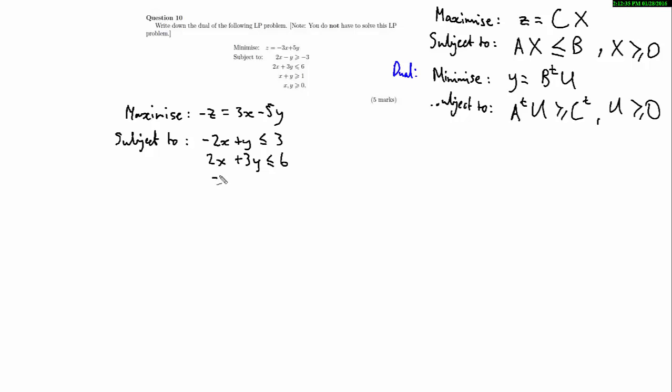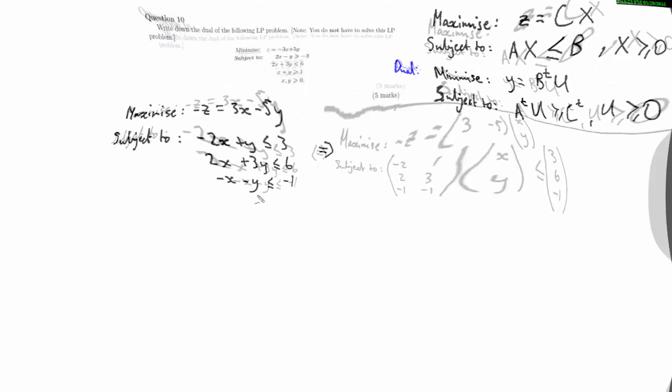And then finally we have -x minus y is less than or equal to -1. Okay, so now we have our LP problem in the form that we're after, that's given in our definition.